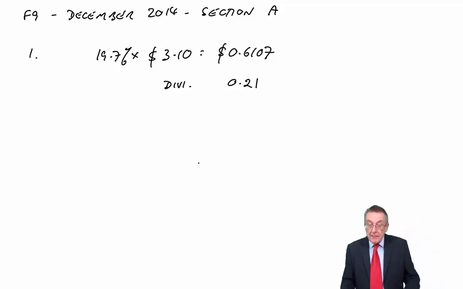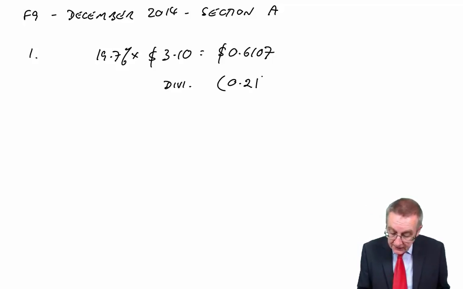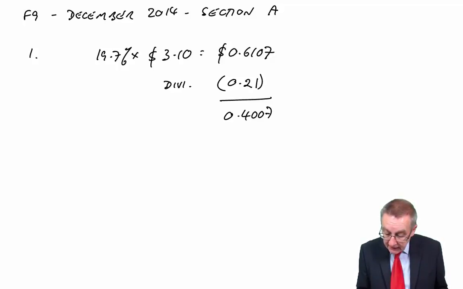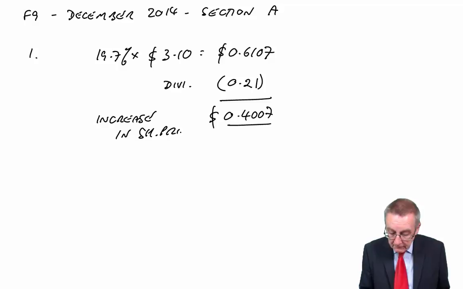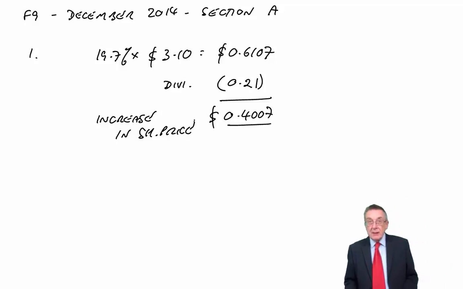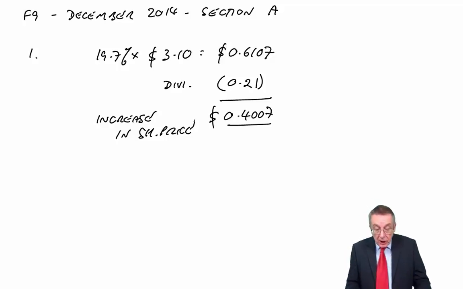And so the remainder of the 61 cents, the remainder of 0.4007, that must be the increase in the share price. So the total return they've had, share price has gone up by 40 cents. They've had a dividend of 21 cents, a total of 61 cents, which is 19.7%.